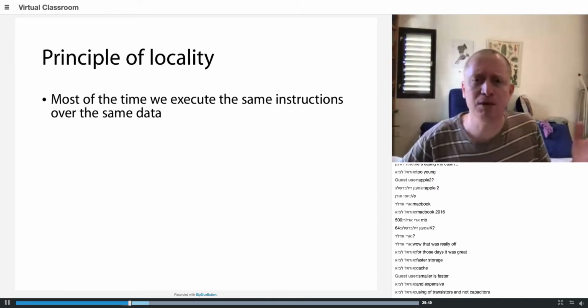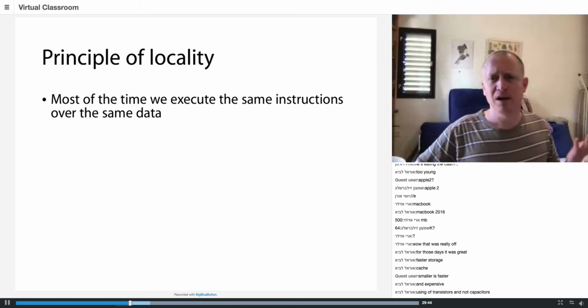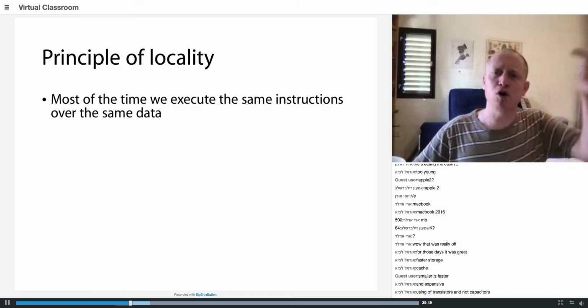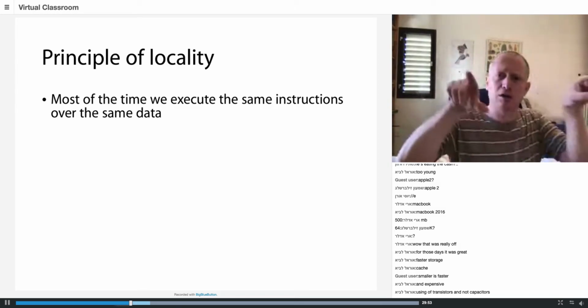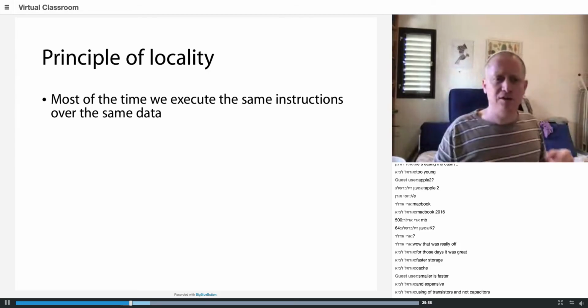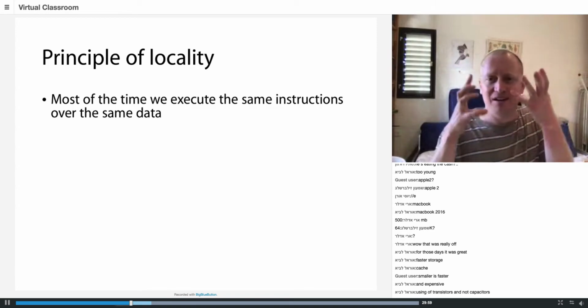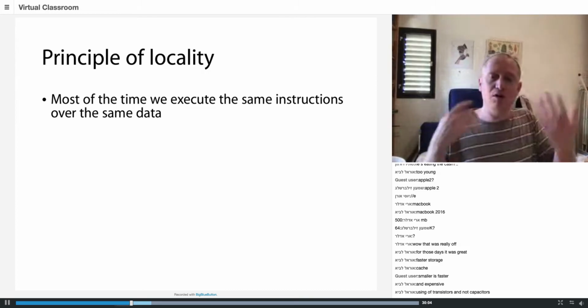But if what I'm doing right now is, for example, multiplying two matrices, I'm going to be running the same 6 lines of code, which go over the matrices. And I'm going to be reading from these matrices, row, column, row, column, row, column. So I'm going to be using a small amount of memory for my data and for my code, and I'm going to use it very often.